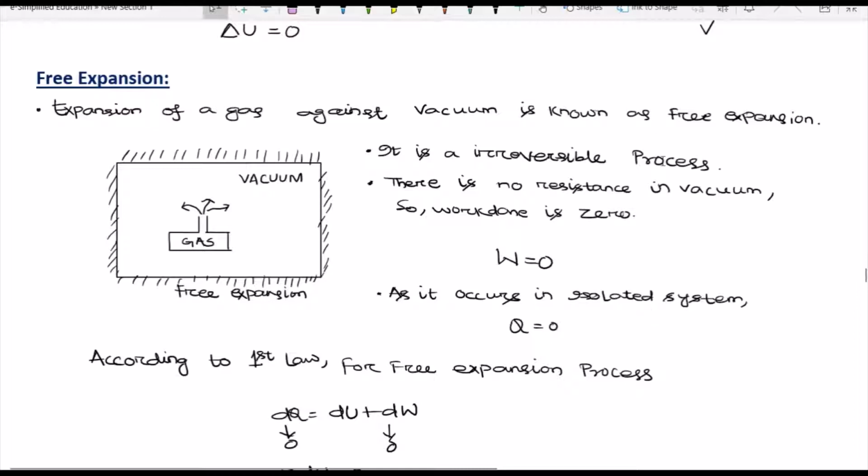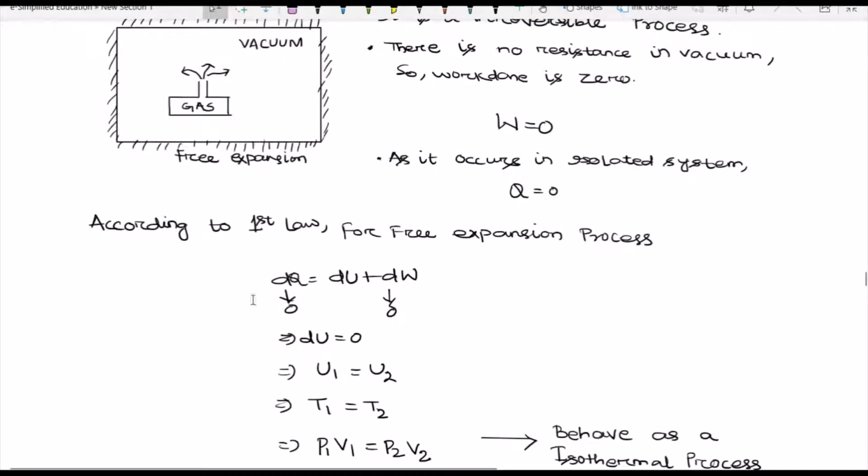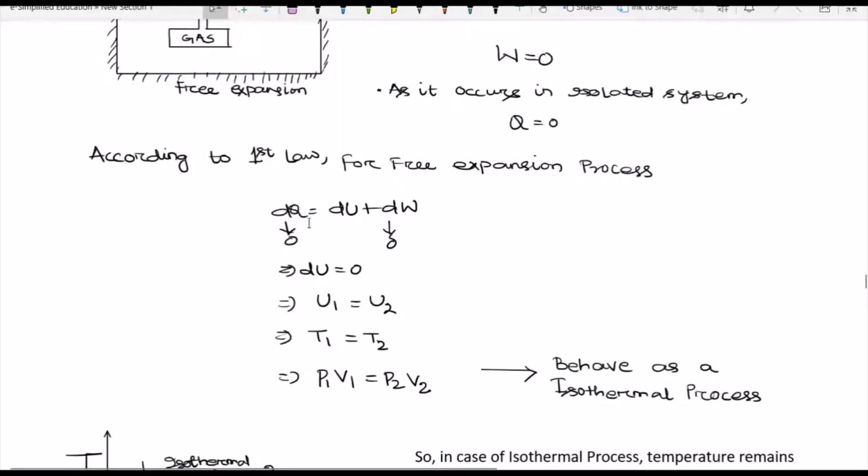So from the first law of thermodynamics, for free expansion dQ equal to dU plus dW. As dQ is 0 and dW is 0, dU will also be 0. That means U is equal to m Cv T. So U1 is Cv T1, U2 is Cv T2, Cv gets cancelled, and T1 equal to T2. If the temperature is constant throughout the process, it is named an isothermal process. So the free expansion process will behave as an isothermal process.